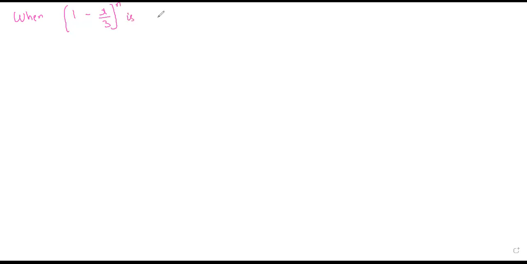When this is expanded, let's just keep the question simple, I'll just write down some words. So when this is expanded, the coefficient of x squared is 4.